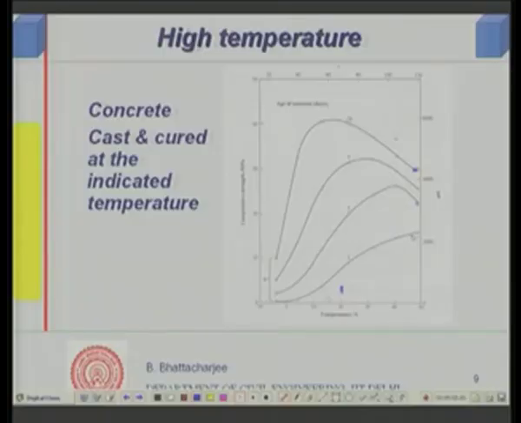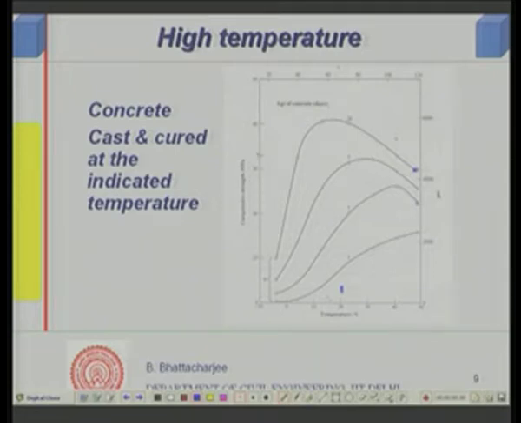What happens is the initial strength is high, but the later strength is low. Up to 20 or around 23 degree centigrade, the strength is relatively high. Beyond that, if you increase the temperature, it does not show high strength at 28 days.